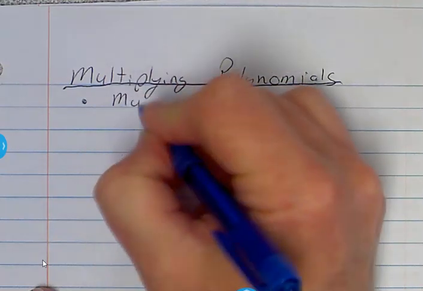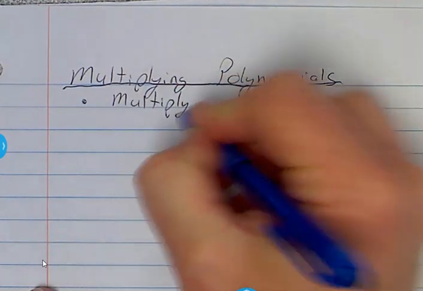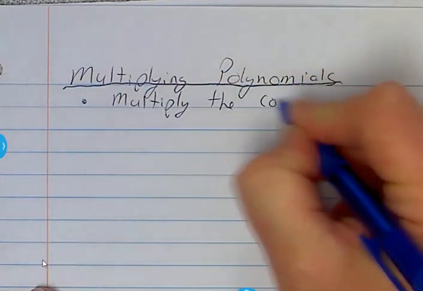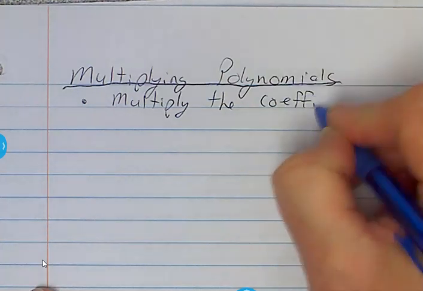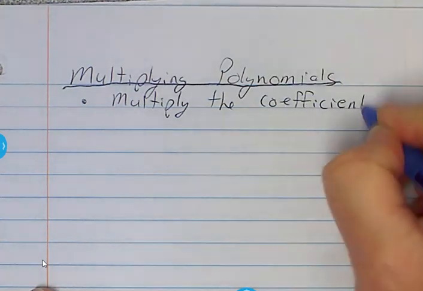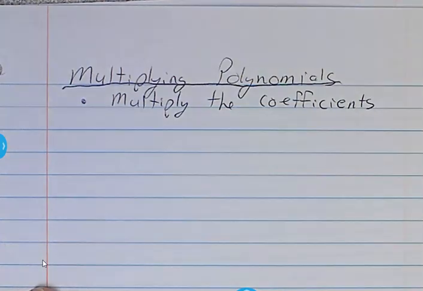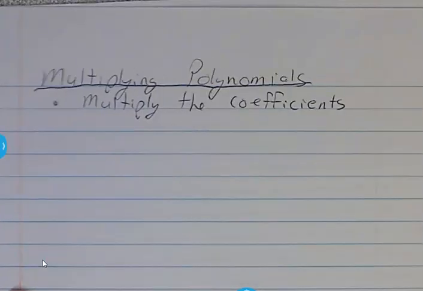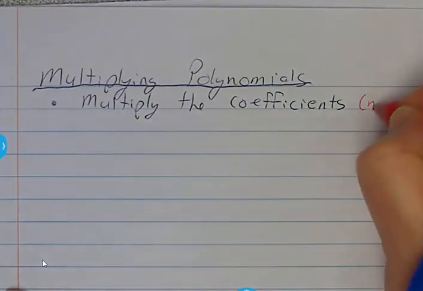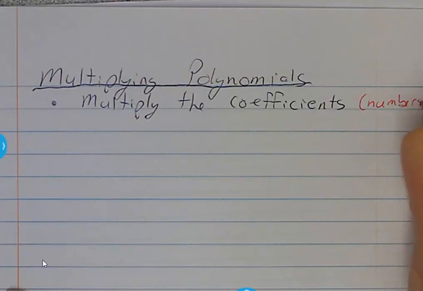Basically two things. You're going to multiply the coefficients. And remember, coefficients, that's just the numbers in front of x or y or whatever variables they give you. That's your big numbers.